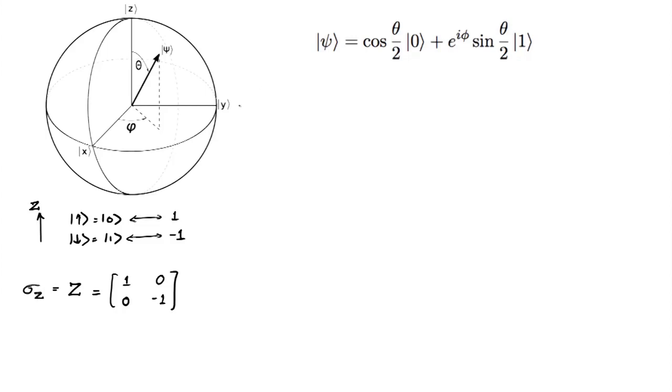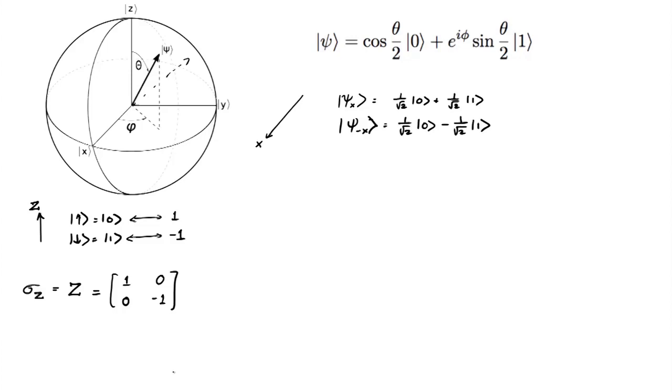Now, suppose that we oriented our Stern-Gerlach apparatus instead in the X direction. Okay, so now what's the observable corresponding to this? Well, what are the eigenvectors supposed to be? Psi sub x is 1 over square root 2, |0> plus 1 over square root 2, |1>. And what about the antipodal point? That corresponds to 1 over square root 2, |0> minus 1 over square root 2, |1>.